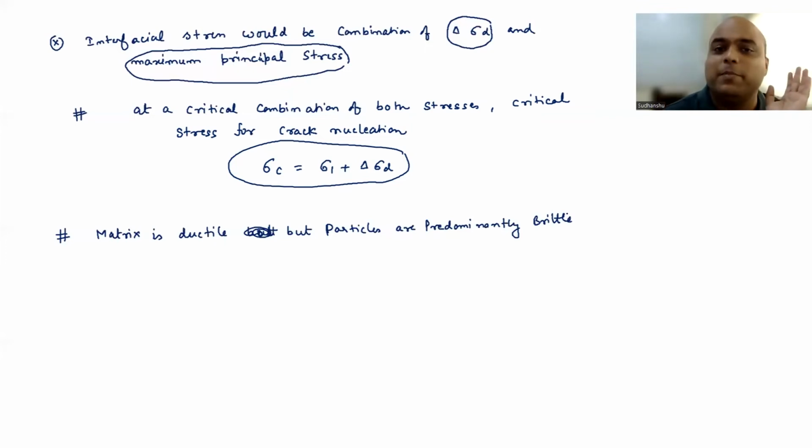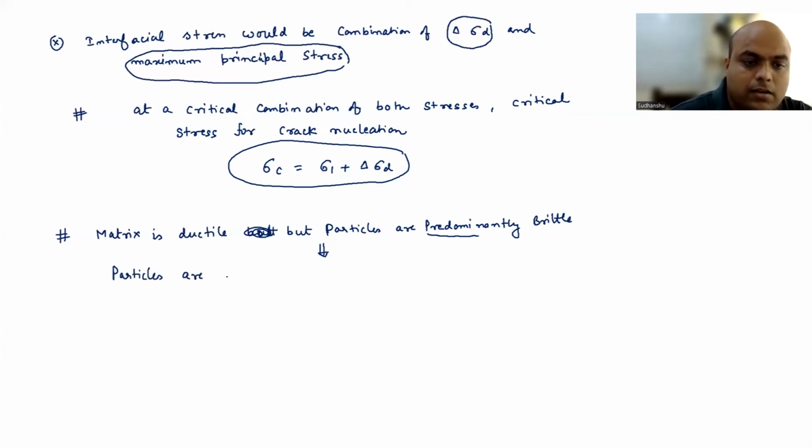Again, all particles are not brittle, and that's why I have used predominantly. So we are assuming that the particles are harder than the matrix. Okay, this means that particles are not able to accommodate strains.